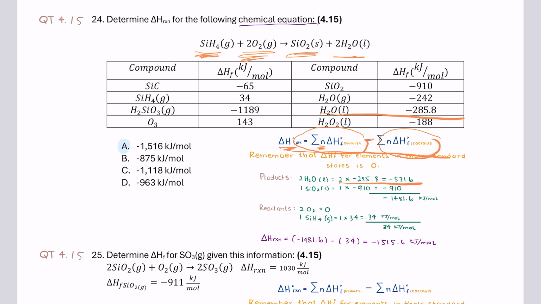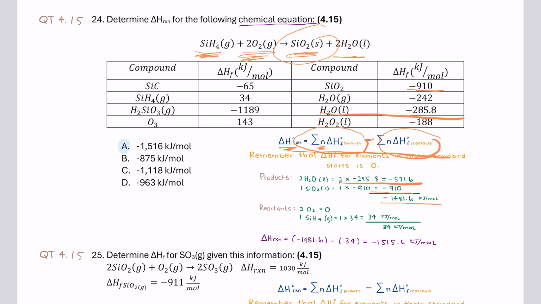Now for solid silicon dioxide, the standard enthalpy of formation is negative 910 kilojoules per mole, and we're only forming 1 mole, so we just take that value as is. Now we'll add the two product contributions together to get negative 1,481.6 kilojoules per mole.